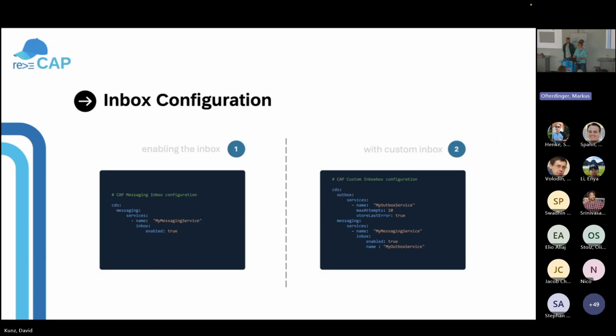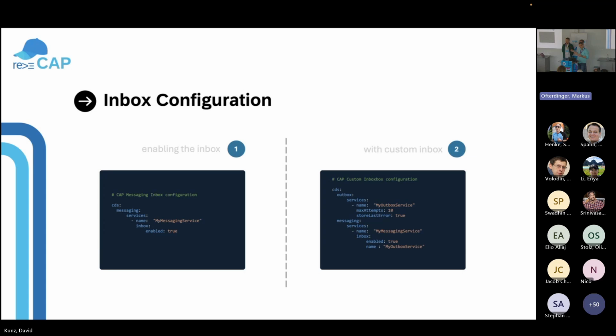You can see it on the left side, where you can switch on the inbox on the inbound messaging channel. And from the technical point of view, it's actually the same as the Outbox, and that's why we can reuse our Outbox APIs and our techniques to use it in conjunction with the inbox. The difference is only the direction of messages.